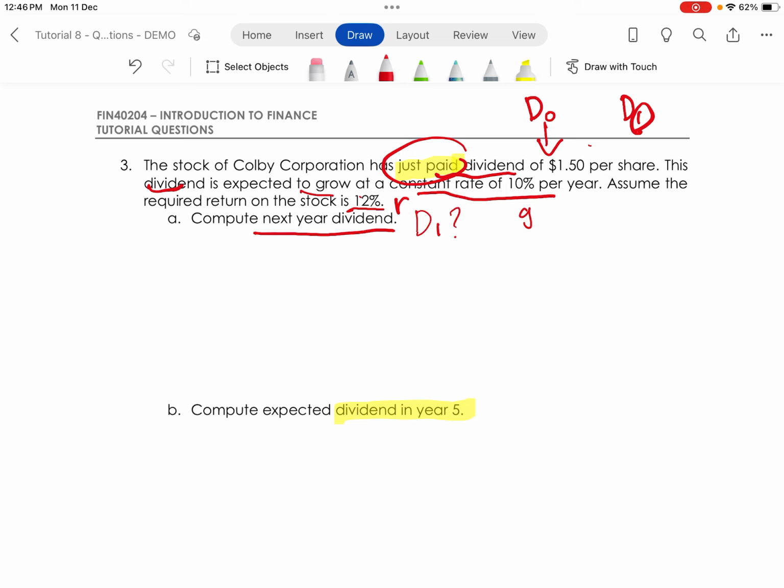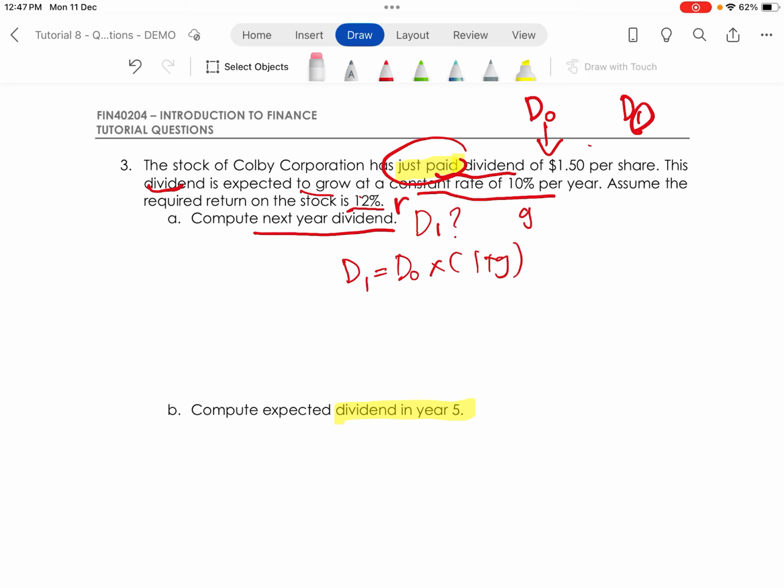You have to refer back to the slide notes or the formula booklet. To calculate the dividend, D1 comes from D0 times (1 plus g). This is actually to the power of 1, but usually I don't write that.